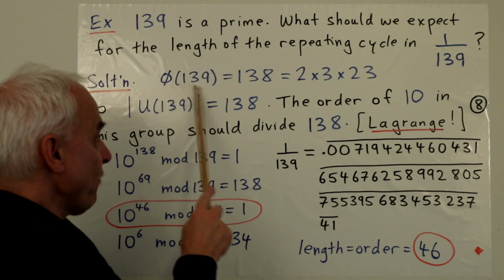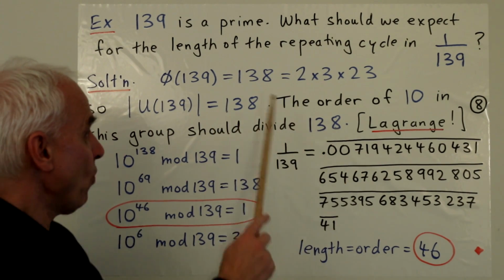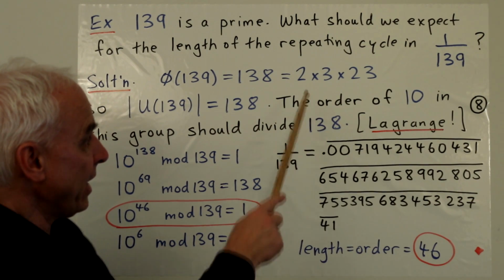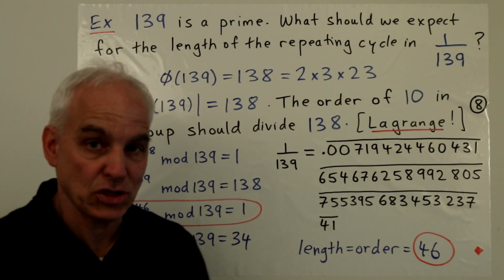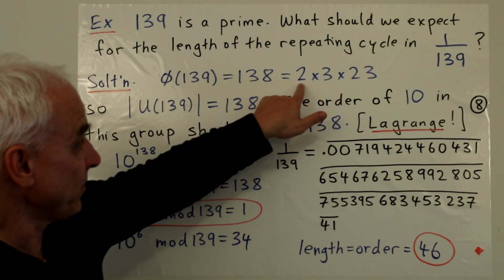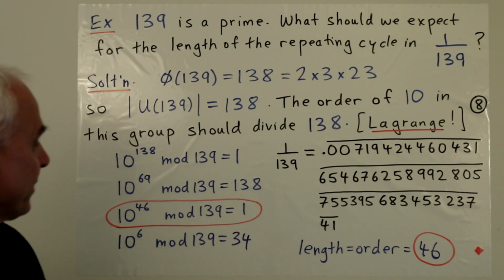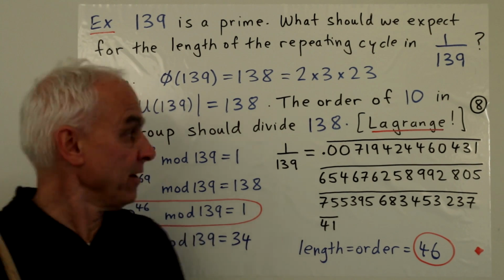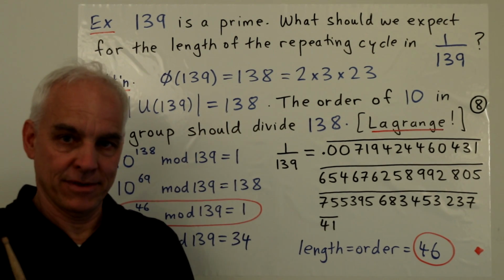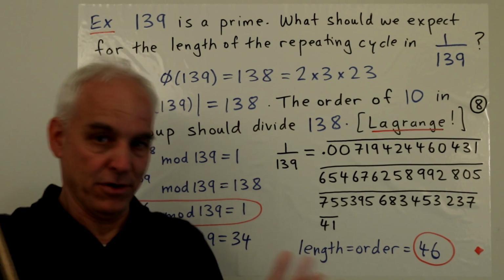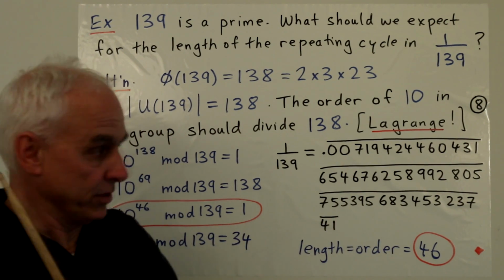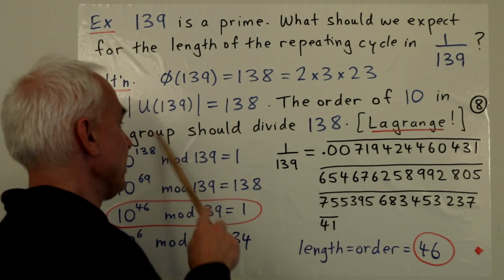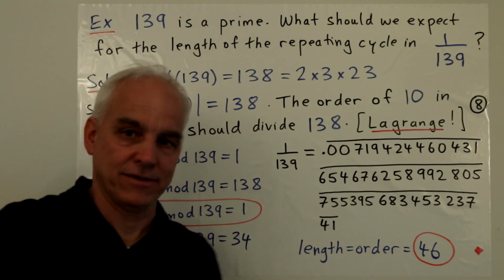Well, first of all, phi of 139 is 1 less than that number, so it's 138. And I've given you here the prime factorization of 138. It's 2 times 3 times 23. So the number of elements in the unit group of 139 is 138. All of the numbers less than 139 are relatively prime to it. So the order of 10 in this group should divide 138.